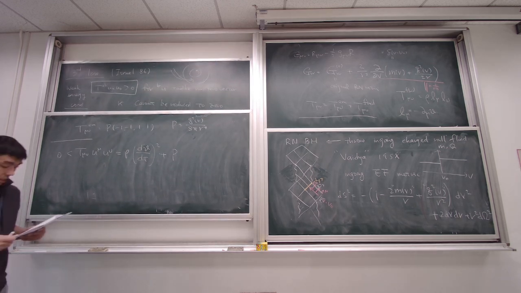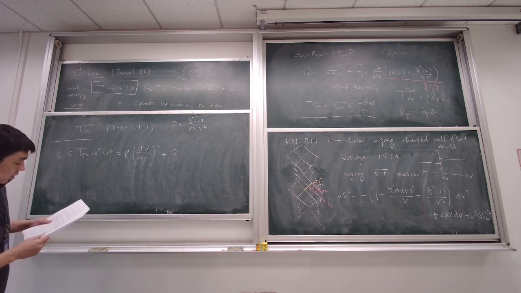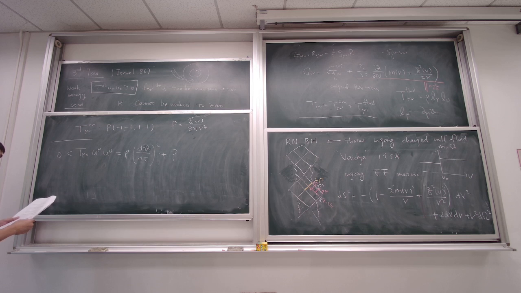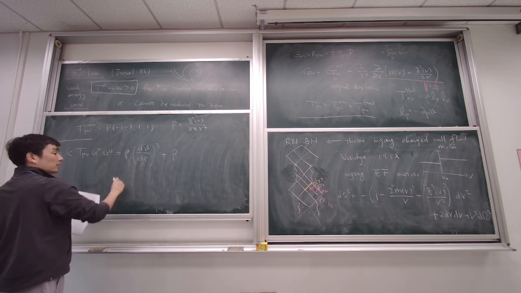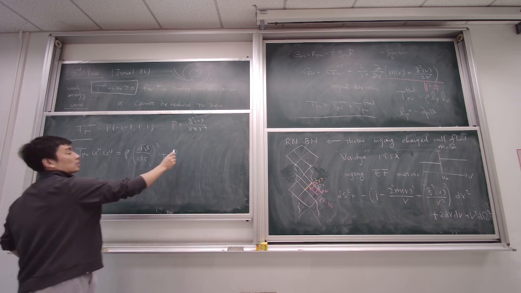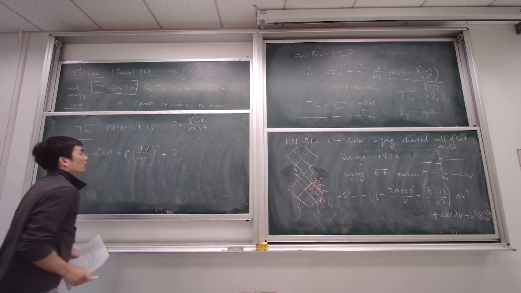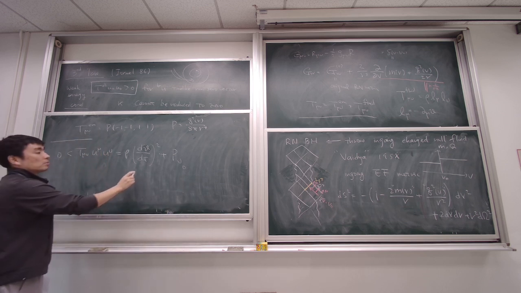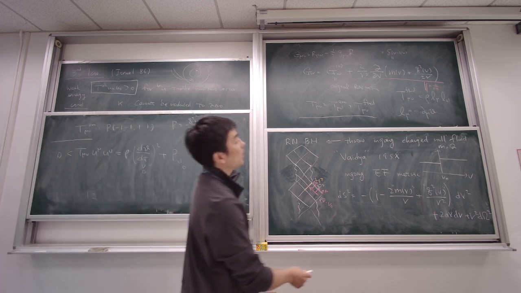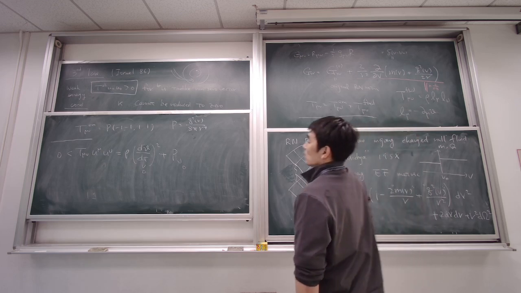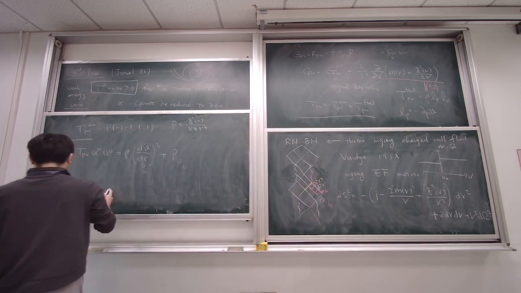So the weak energy condition means that rho has to be greater than 0. Since this is positive, and this is positive, and rho is given by this value, therefore the weak energy condition.